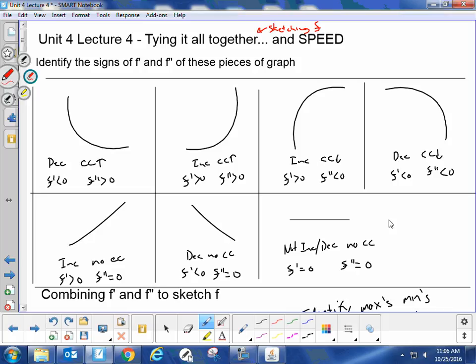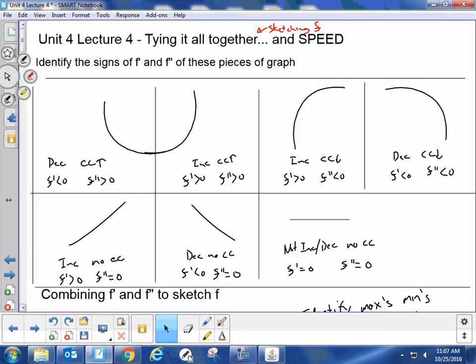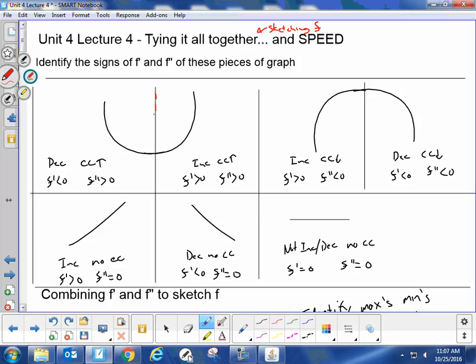And if you are having difficulty, it's helpful if you start out with something that's only concave up, only concave down, and then splitting something that is only concave up in half will give you a decreasing piece and an increasing piece. Splitting something up in half here will give you an increasing piece and a decreasing piece.